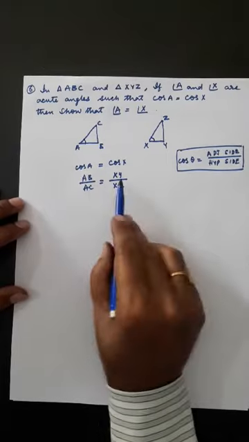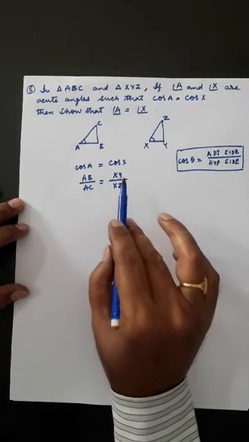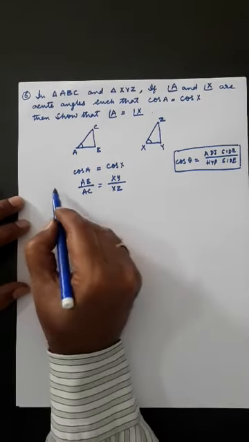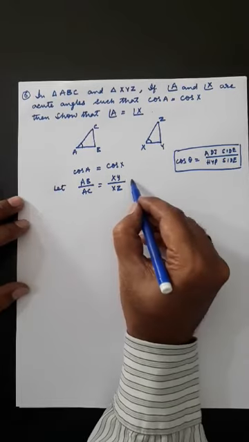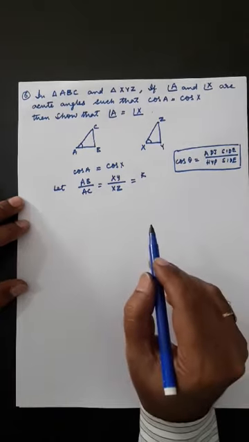Okay, cos A equal to cos X is given. That means AB by AC equal to XY by XZ. Let's assume this is equal to some constant k.